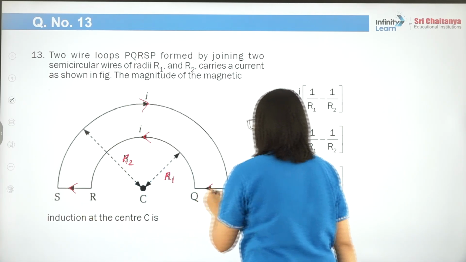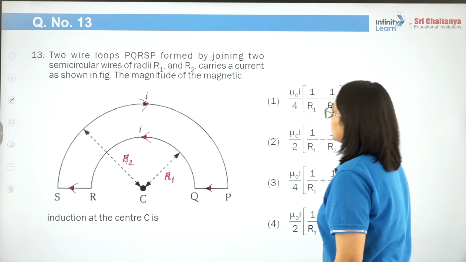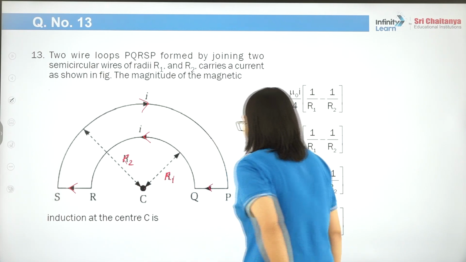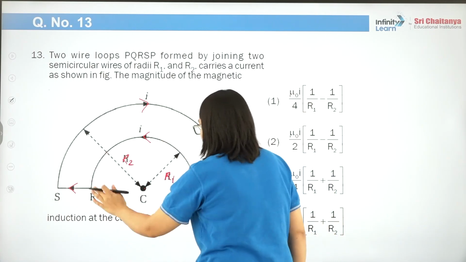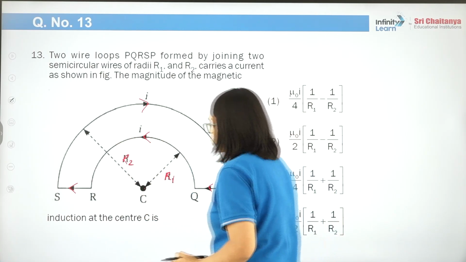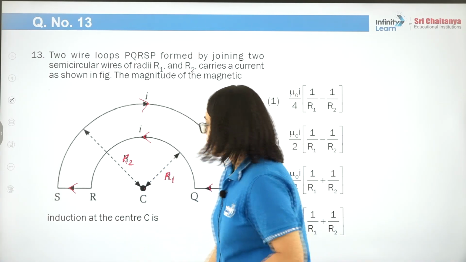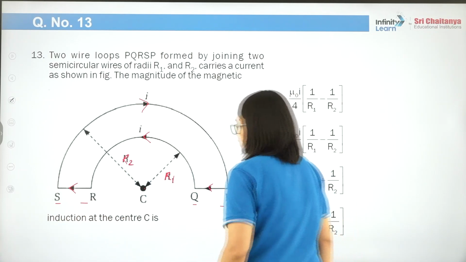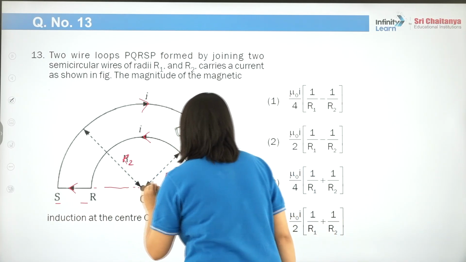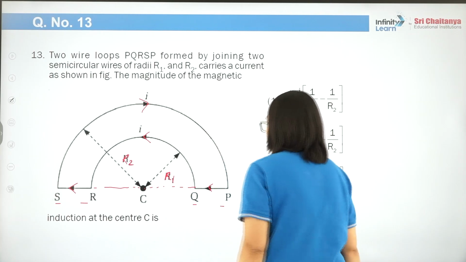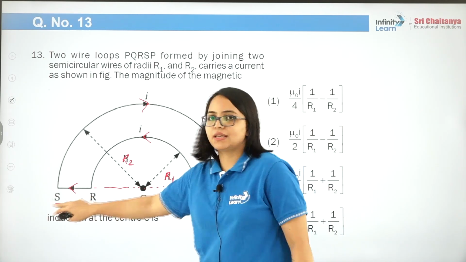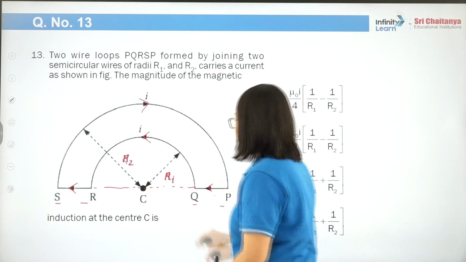Find the magnitude of the magnetic field at the center C. So there are 4 segments of the wire which can generate their own magnetic field at center C. But look at the SR and QP segment. Point C lies on the axis of the wire. So because of these two segments, there will be no magnetic field at point C.